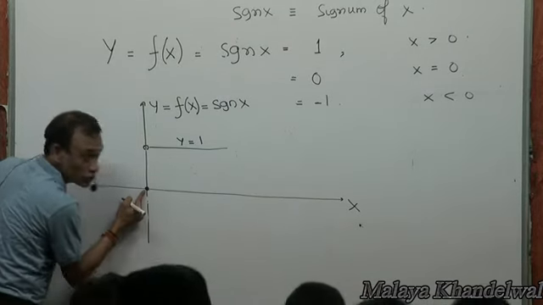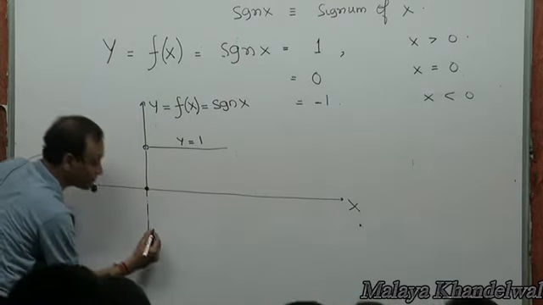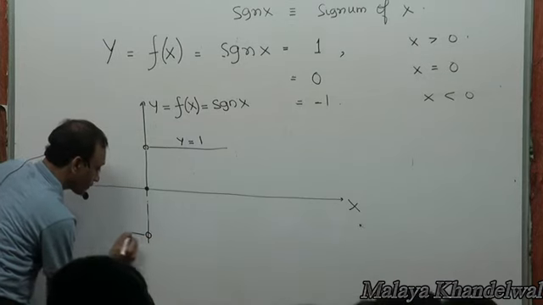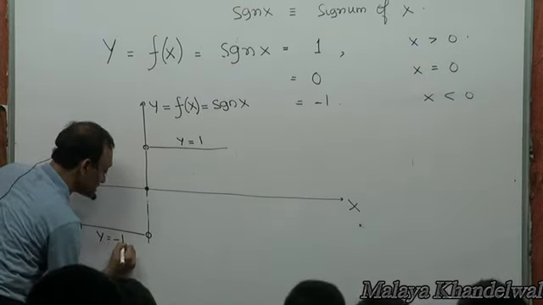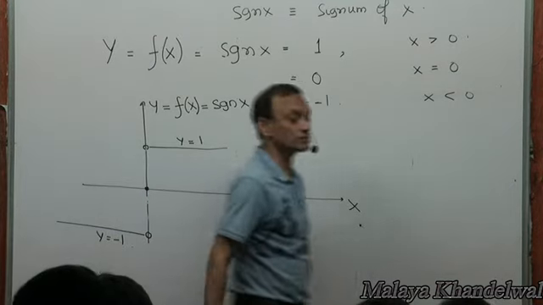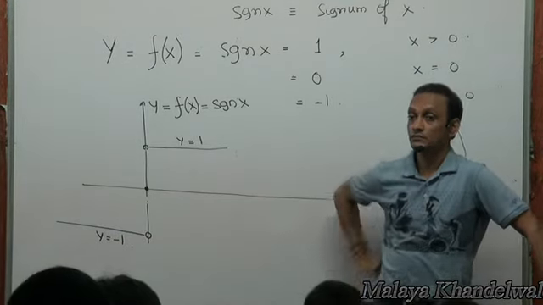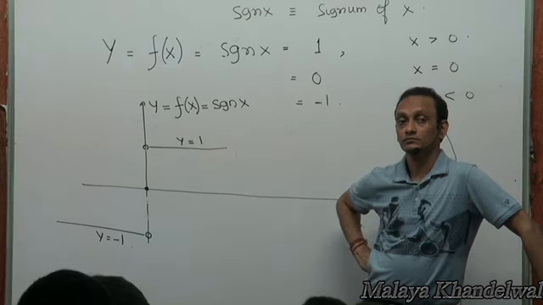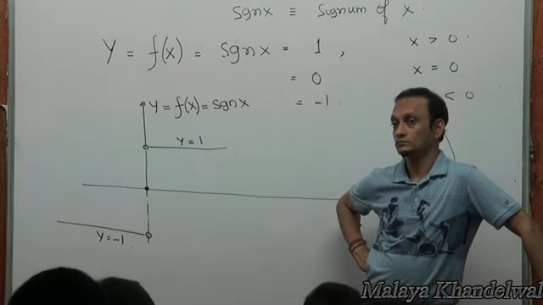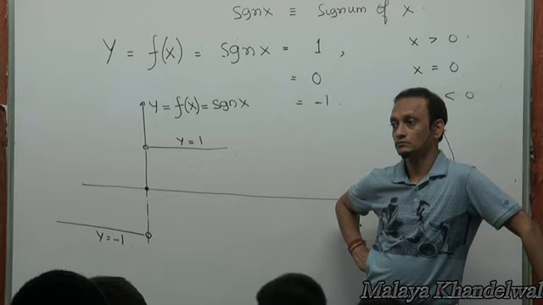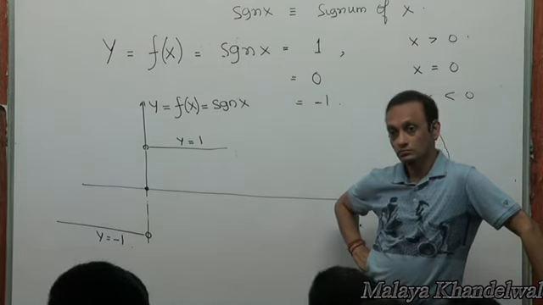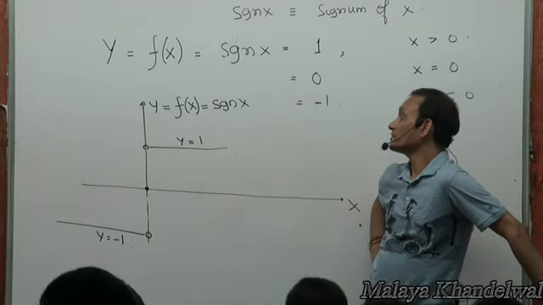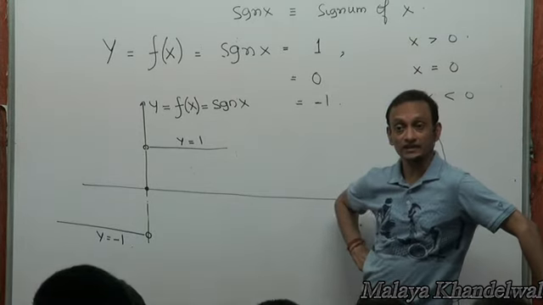Again, at x equal to 0, it is 0. This is a point on the graph. And then for x less than 0, it is minus 1. Yes or no? This is the graph of y equal to f of x equal to signum of x.